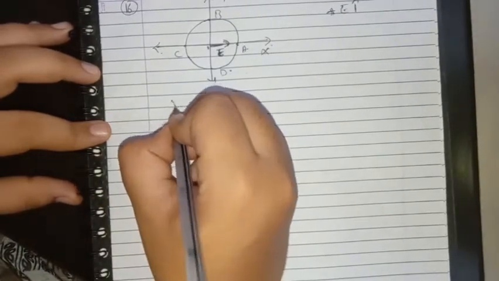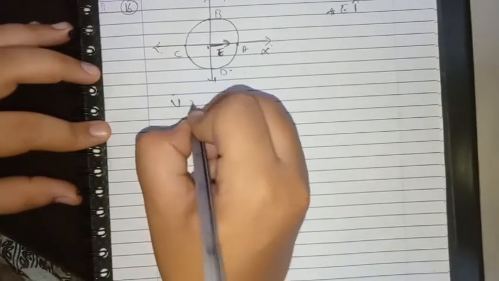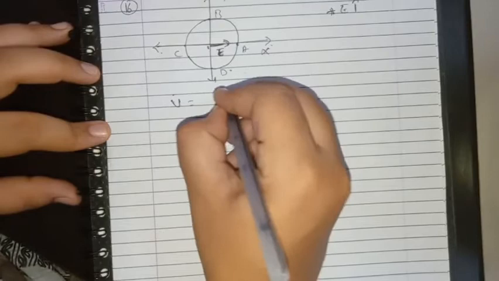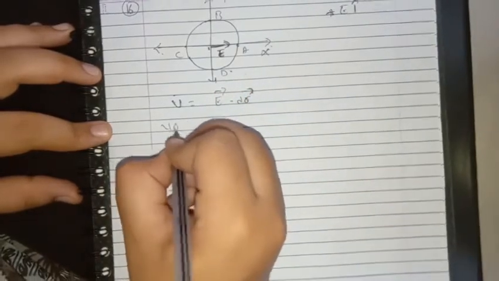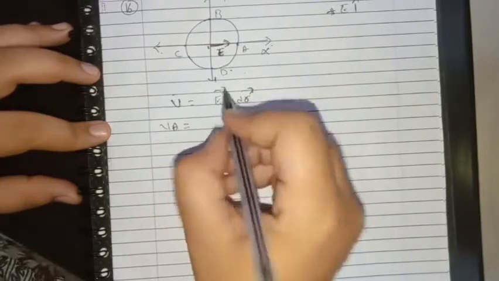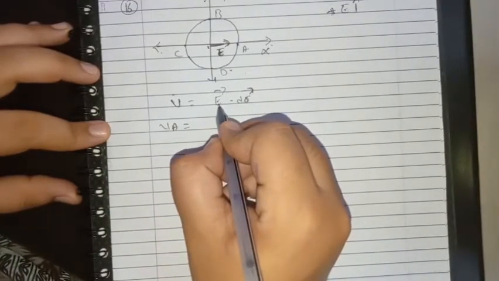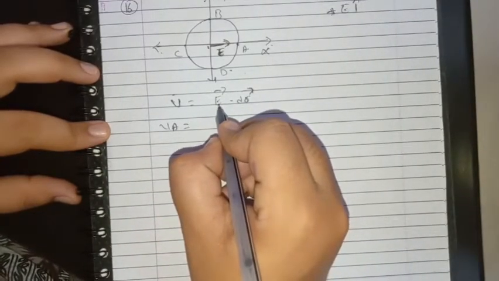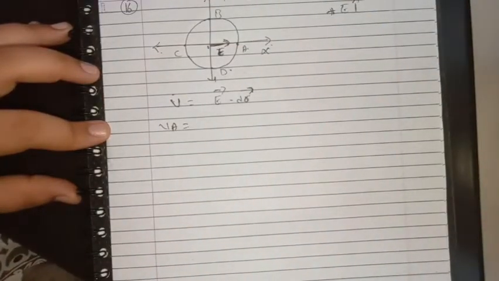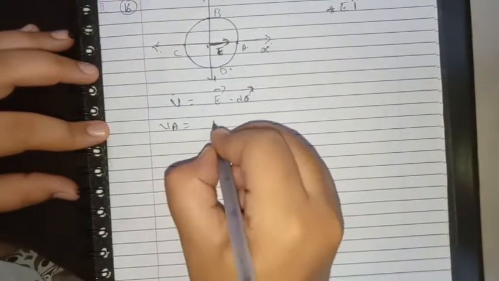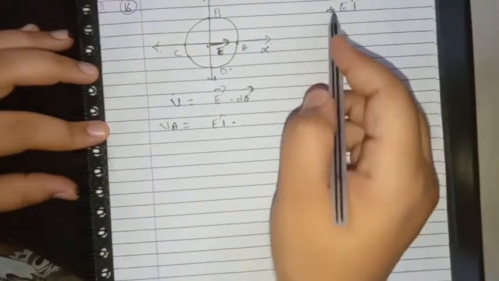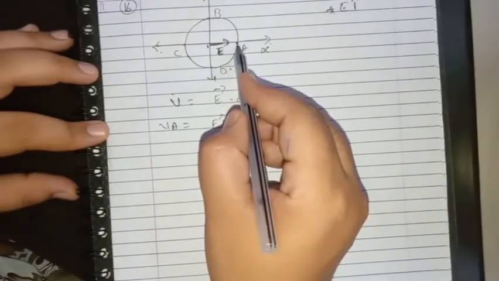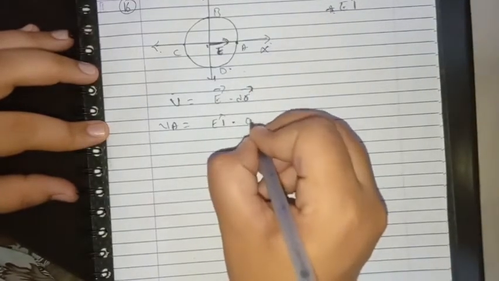Here potential can be found by minus E dot dr. So potential at A will be, electric field E i cap dot the position vector of point A, which is A i cap.